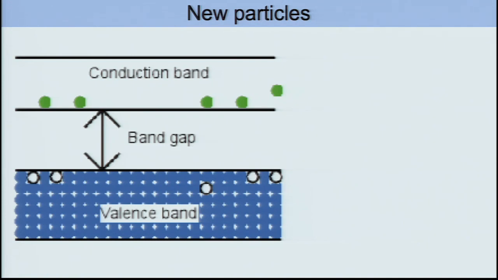But what can happen if you're not at zero temperature is that some of the electrons in the valence band can move up into the conduction band, and they can wander around. And what they leave in the valence band are holes. Now, the holes themselves can move around, and they behave like independent particles. Now, you might say, and physics students often do, but hold on, a hole doesn't really exist.